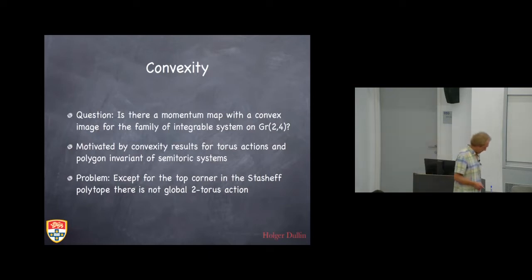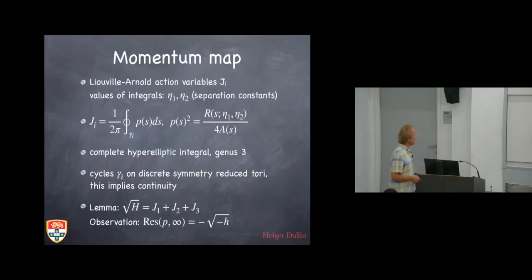And if you know Delzant polytopes, then you would say, well, a triangle is pretty wrong for S2 cross S2 because it's not possible as an image of a toric moment map. And yes, that's true. So this moment map that I will suggest is in a way a folding of that one. Anyway, I'm motivated by these convexity results, but I understand that they don't hold for every member of this family.